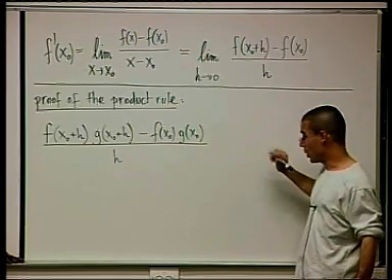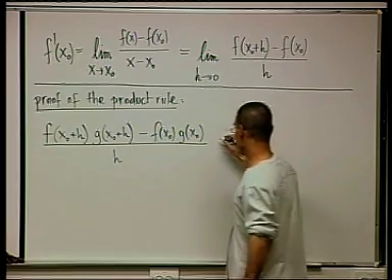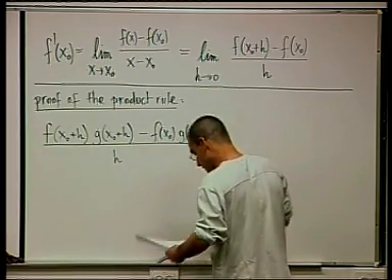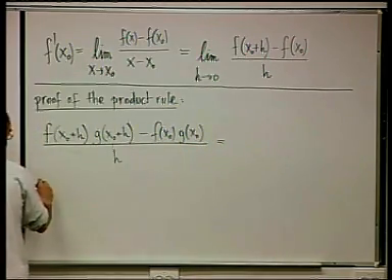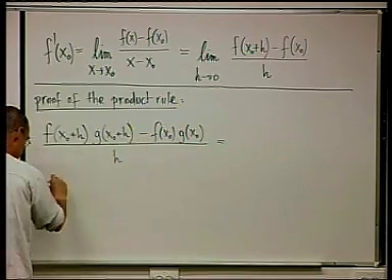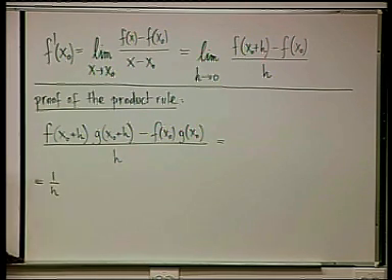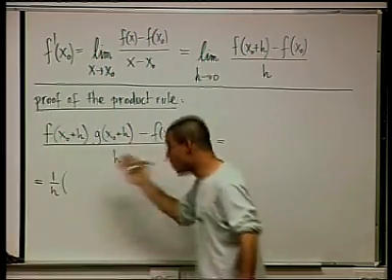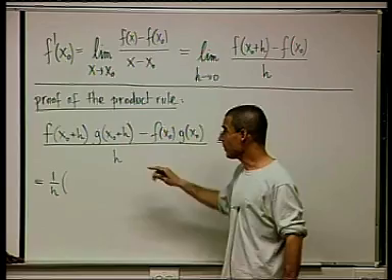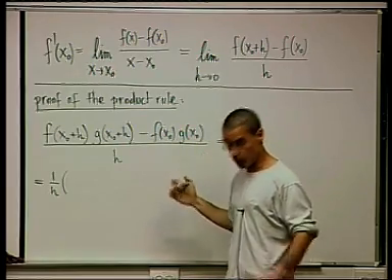Good? Okay. So I'm going to do a standard, completely standard thing here. So this long line with the h on the bottom, I'm just going to write as 1 over h here. And in order to get expressions that I know something about, I'm going to add and subtract a certain term.